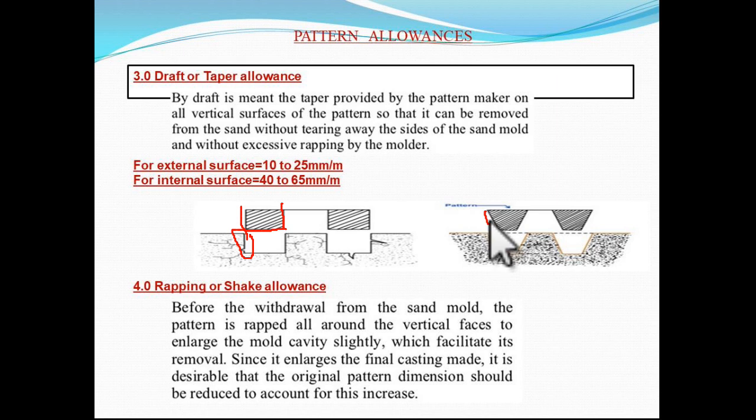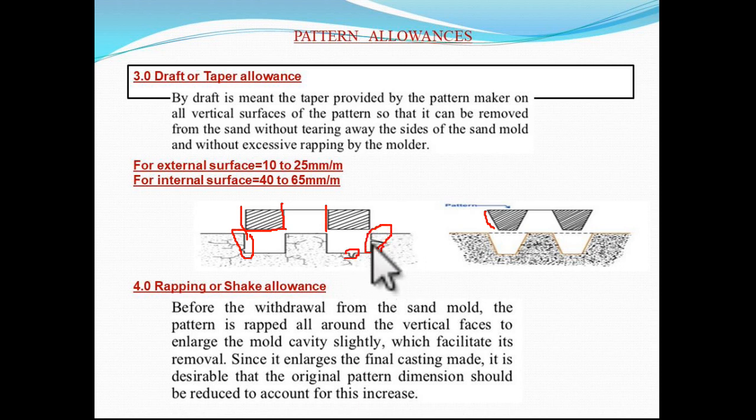This taper allowance is provided on the pattern for easy removal of the pattern from the sand. What will happen if you make a wall in a vertical manner? When we remove the pattern from the sand, surface defects will be formed on the cavity.